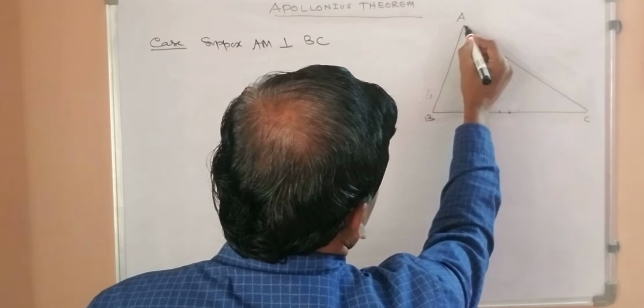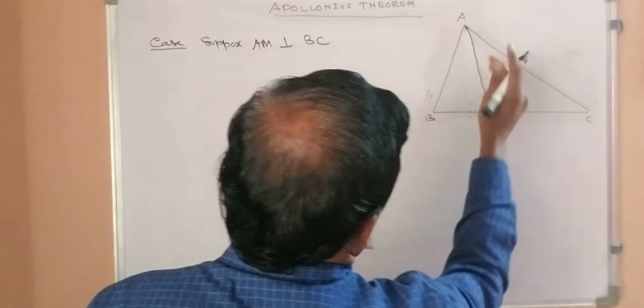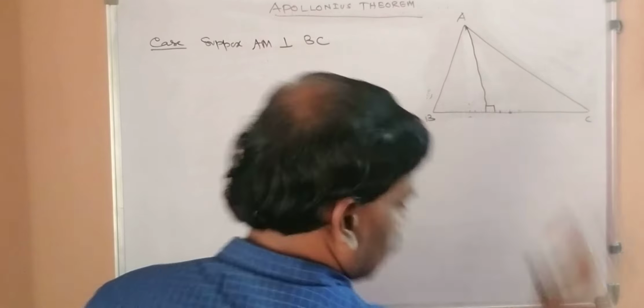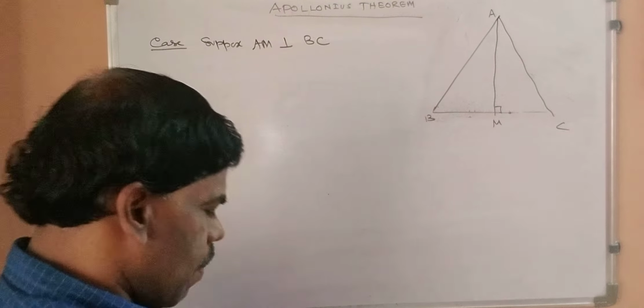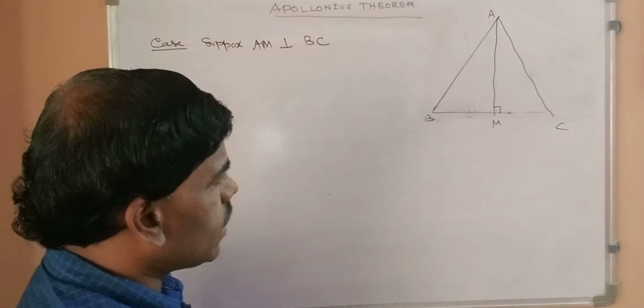We'll have to change the diagram a little bit. A, B, C. So, suppose AM is perpendicular to BC.